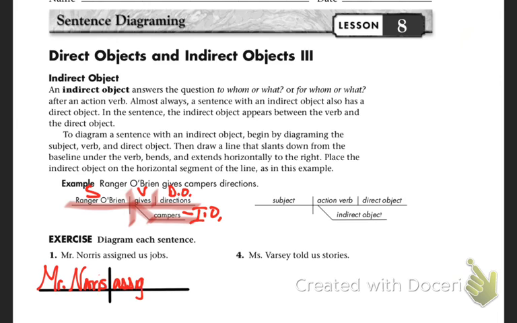Then the direct object. And then the direct object line, what did he assign? Jobs. To whom did he assign the jobs? Us. So now we're going to do an angle underneath the verb and a straight horizontal line underneath connected to the angle, and us goes on that indirect object line. Do you see it? Okay.